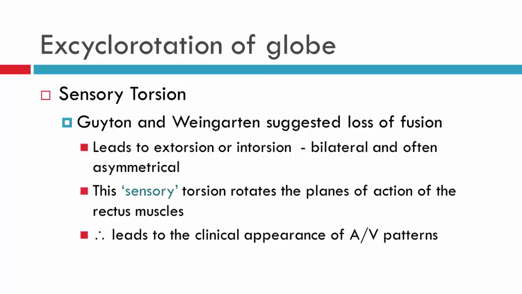What Guyton and Wingarden are suggesting is that when you lose fusion, then not only can the eye become exotropic or esotropic, but it can become excyclotropic or incyclotropic. So should this happen, you will end up having a rotation of the planes of action of the rectus muscles. And this will lead to the appearance of an AV pattern, just as we saw a moment ago in the photograph with the girl.